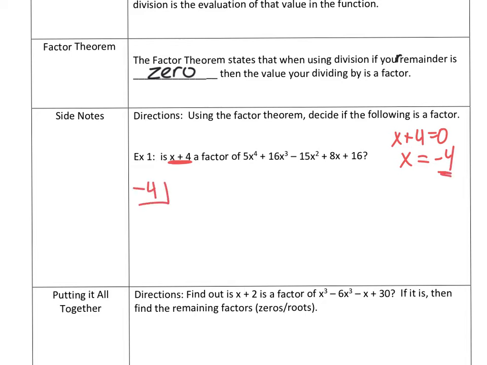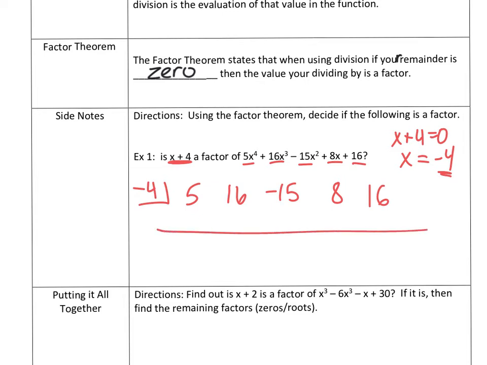So now we'll go ahead and put in our coefficients. So we got 5, 16, negative 15, 8, and 16. We didn't have any zeros because we didn't skip any values here. And now, drop down my 5. 5 times negative 4 is negative 20. 16 plus negative 20 is negative 4. Negative 4 times negative 4 is a positive 16.